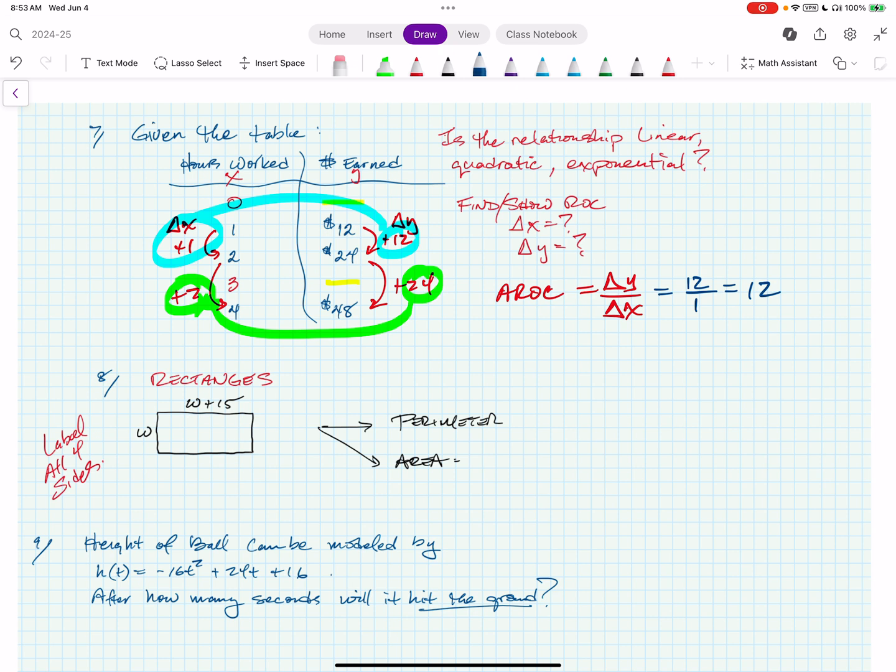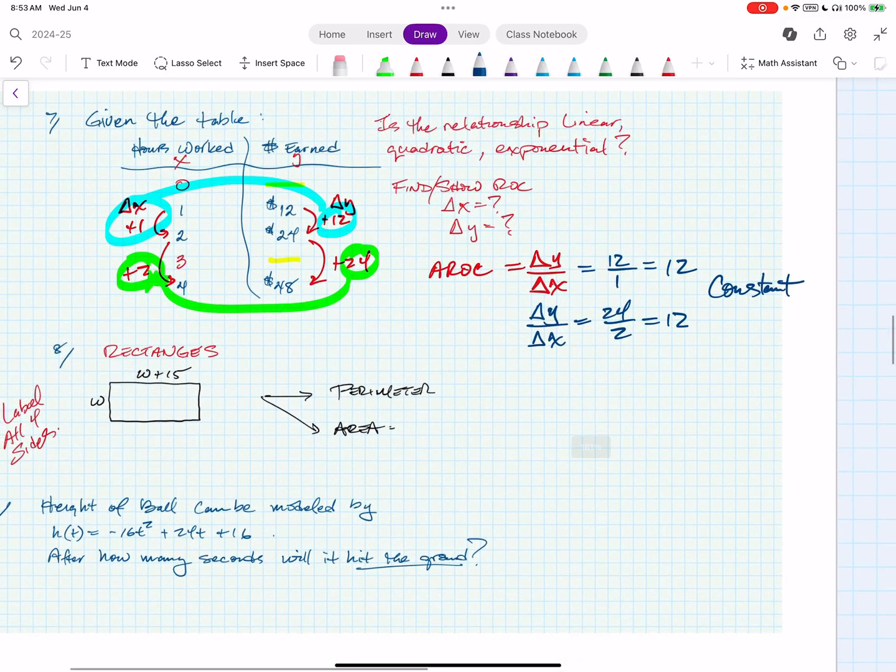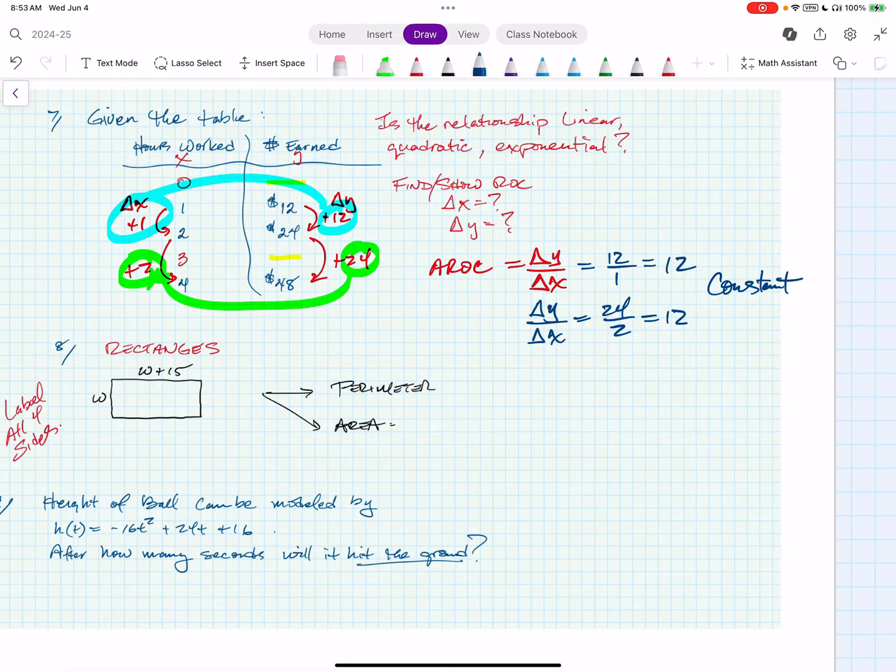The rate of change is the same. So again, you always take delta y over delta x. 24 divided by 2 is 12, and notice that these are constant. And we talked about that if the rate of change is constant, then you have a linear function. So this is actually a linear function, and it has a rate of change of 12.